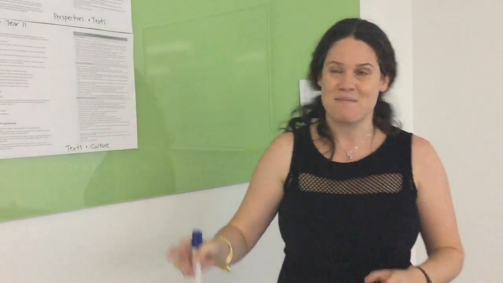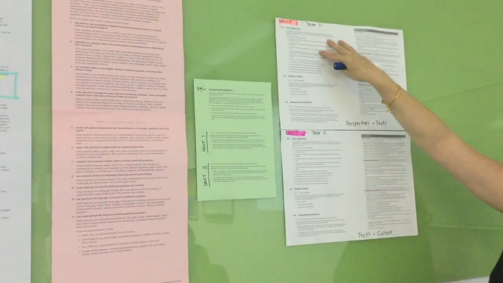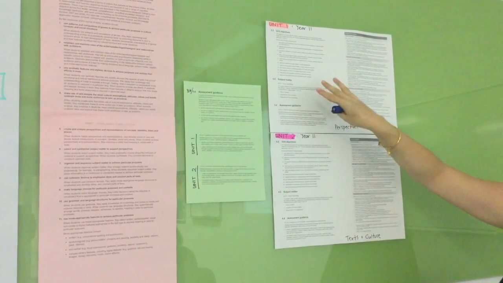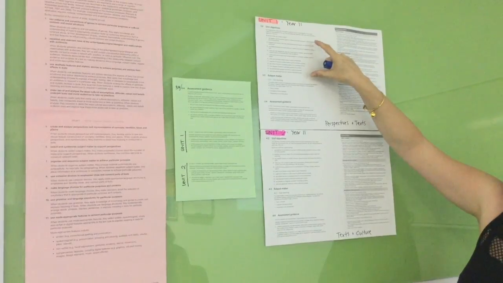The third problem we've got with these objectives is when we move from these being syllabus level objectives to being unit level objectives, the thing that was supposed to happen there is that the unit level objectives were supposed to become highly contextualised.